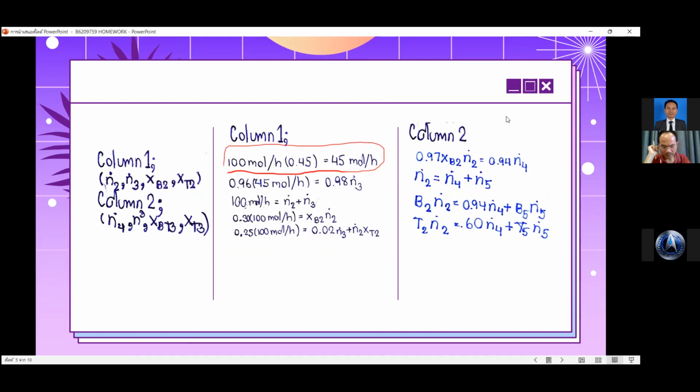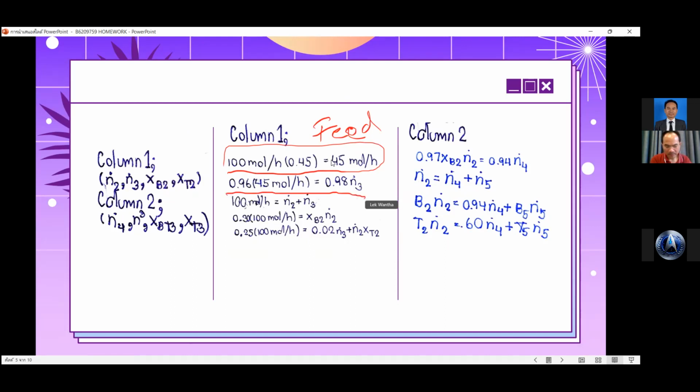Oh, I just show the amount of saline, and it comes to the equation below. The feed saline, okay. Yeah, the feed saline. And what's this?